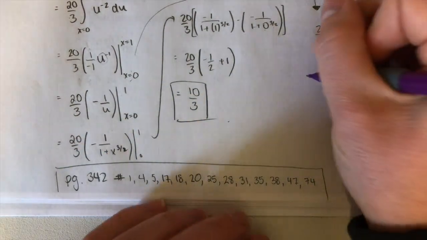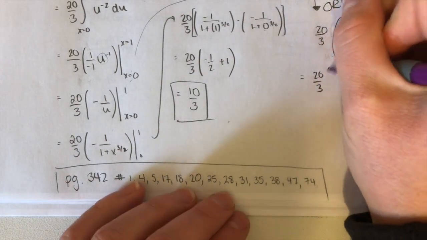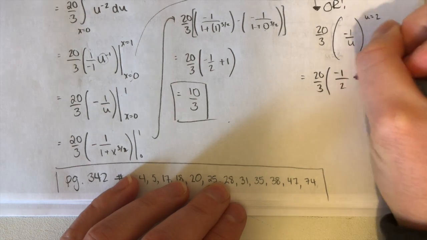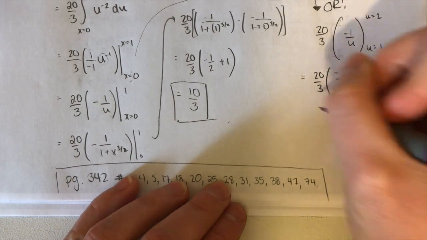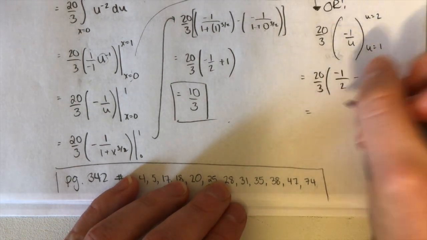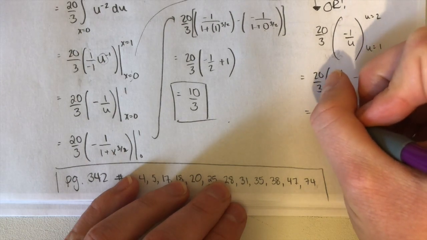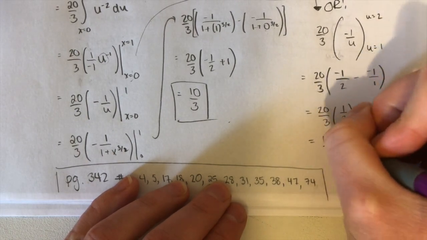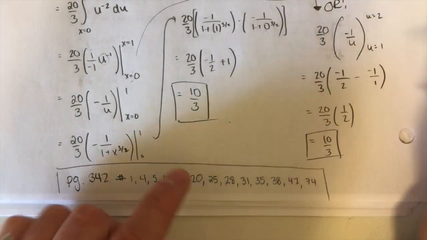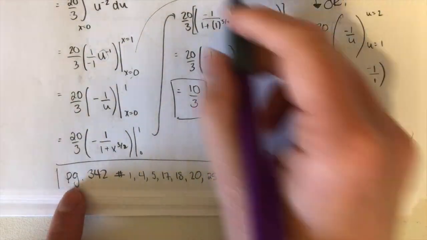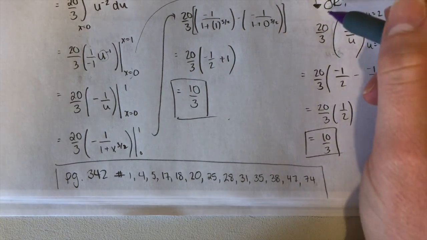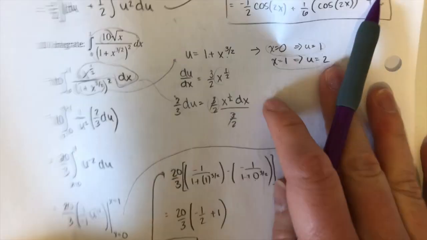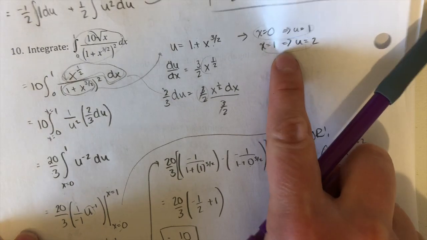So you can evaluate it like that as well. So 20 over 3, we've got negative 1 over 2 minus negative 1 over 1. This whole thing is also equal to 1/2. So you get the same thing. Right, so I like this better. I just find I make fewer mistakes. You can do it in terms of u if you plug the x's in to get the proper u values.